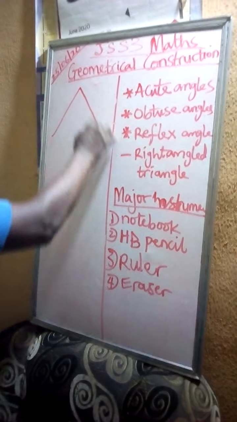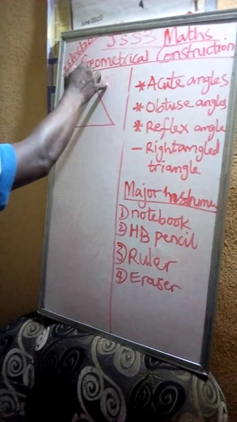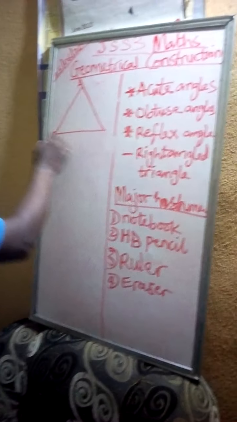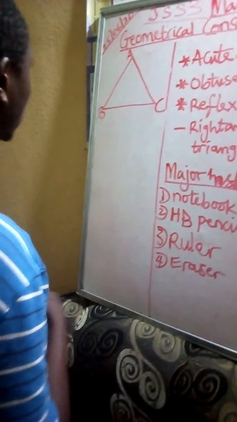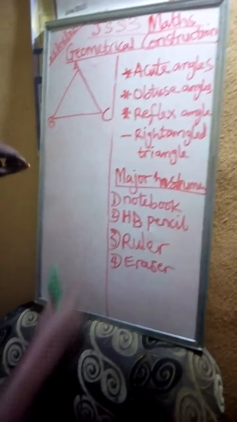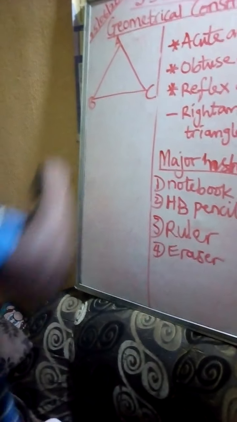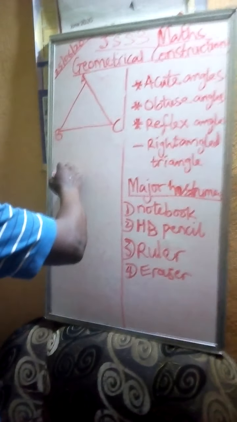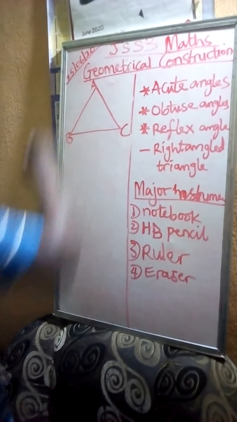This is A, this is B, while this is C. Under construction, you are expected to know how to use your ruler and pencil. You can be asked to draw line A to B, maybe 5 centimeters.